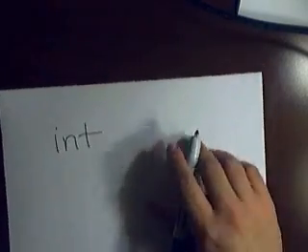We also have the int data type, or we use the type declaration int. Now, how many bytes do we use to represent an integer in a computer? This varies.